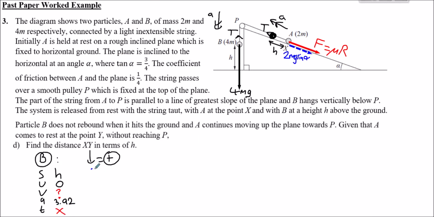So what equation of motion does not involve t at all, which will help us to find v? I'd suggest what we can do here is use v squared equals u squared plus 2as. So that's going to be 0 squared, which is just 0. So it's going to be 2 times 3.92 times h.